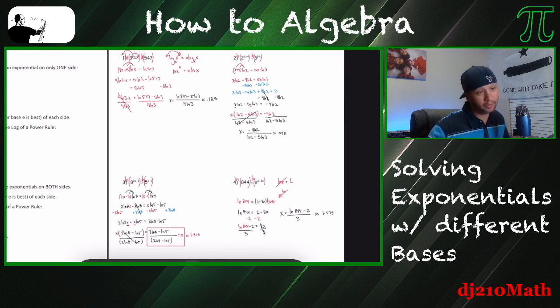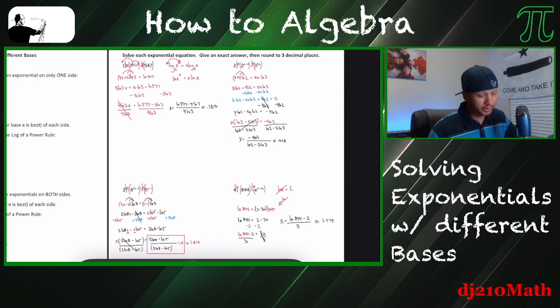You use the log with the sole purpose of bringing down the exponent in front and then distributing the natural log into each of the exponents, or if it's just one exponent, then that's fine. Factoring out the x when necessary, and then dividing by the part that's left behind after you factor out the x.